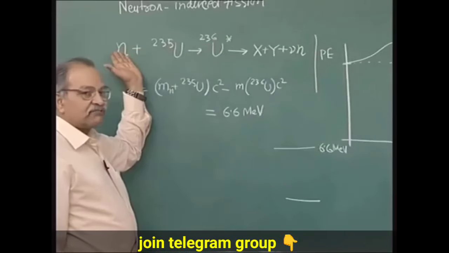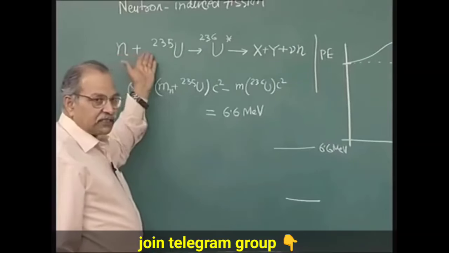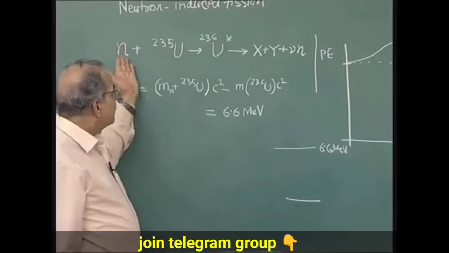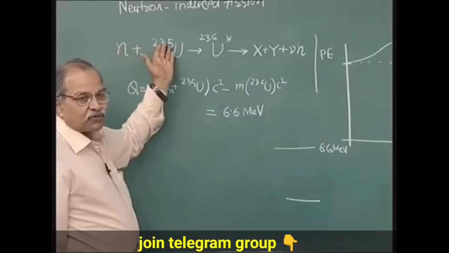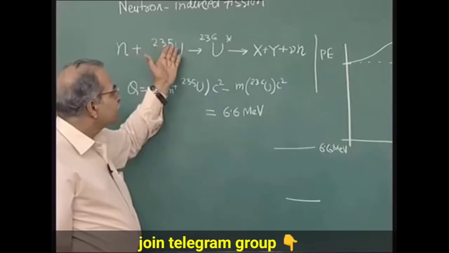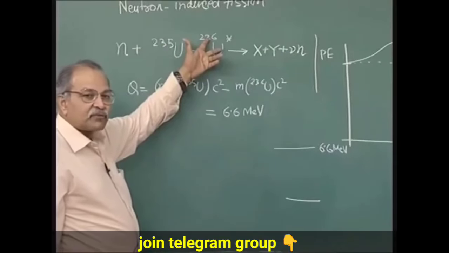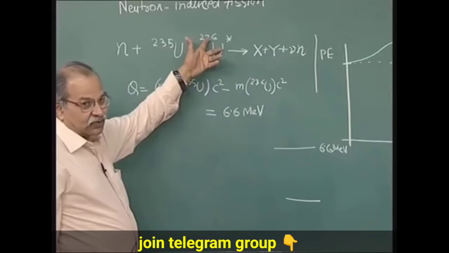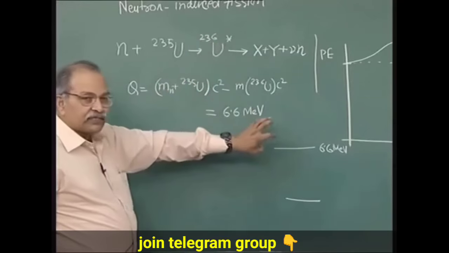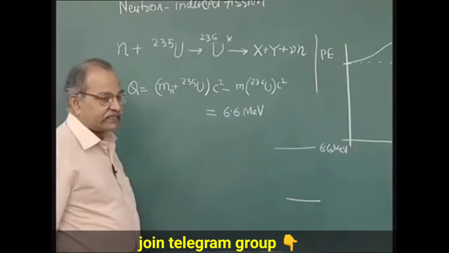We are sending the neutron with almost 0 energy, so the total linear momentum here is 0 or almost 0, and therefore the product will also have linear momentum 0, and linear momentum 0 means kinetic energy is 0. So, all this energy goes into internal excitation and it is created in an excited state.